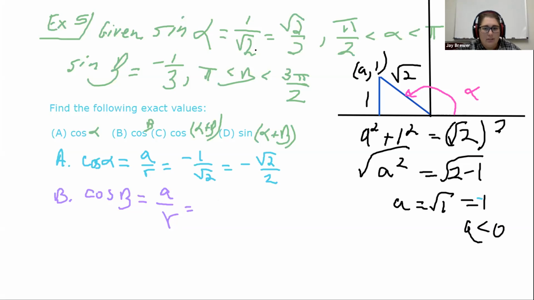Ah, I just had a typo. That's all right. It's in my notes, not in your notes. We're all good. I just have to get back to where I was. Okay. All right, everything's good. So you end up with a negative 2 radical 2 over 3. Okay.